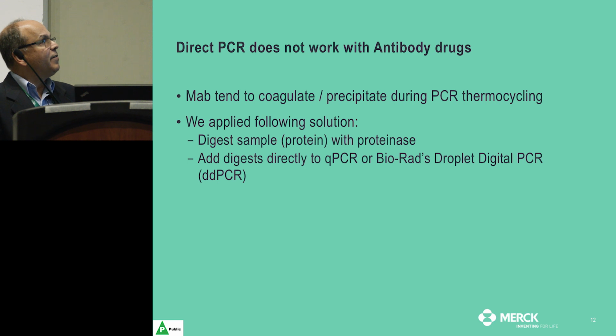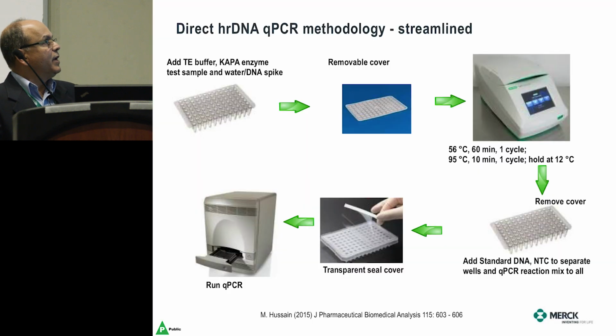So we developed this method in a qPCR setting where you get the sample, we have the Kappa enzyme, that's the protease. We add other things, we cover it, do a protease digestion, and then denaturation of the protease.